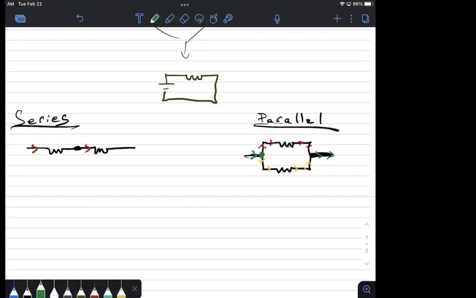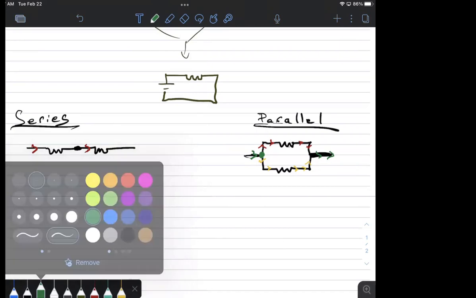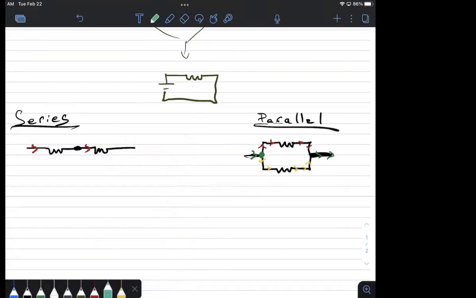Now, I think I also last time showed you the other way of doing it, which is to talk about nodes. If you want to do the node analysis way of figuring out if it's series or parallel, the rule goes like this. For every element in your circuit, which means every voltage source and every resistor, you could put what's called a node, which is just like a little dot on each side of every element. So for this one, the first resistor has these two nodes.